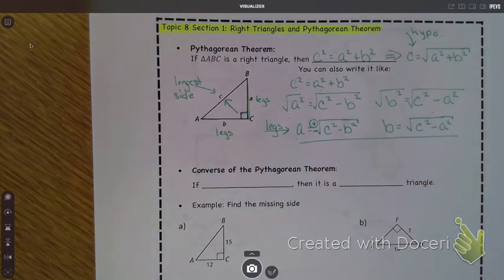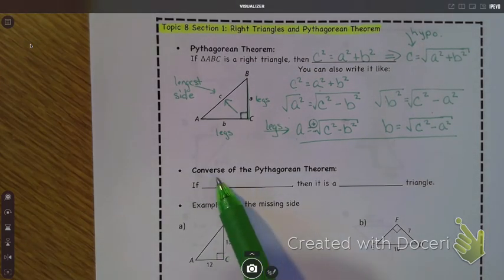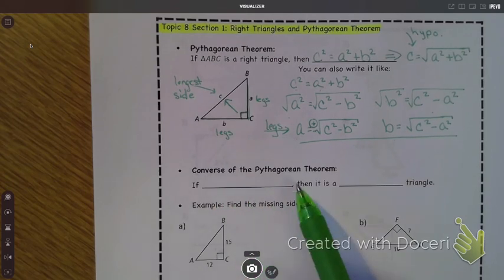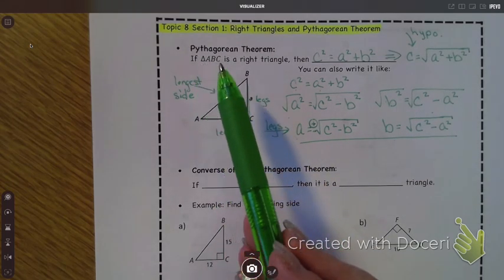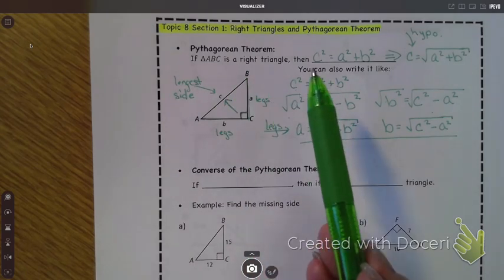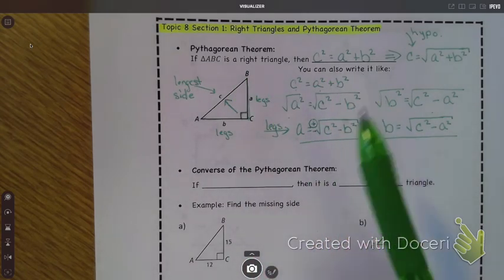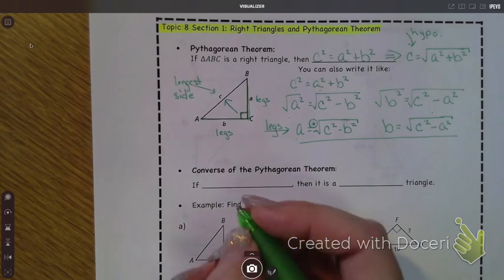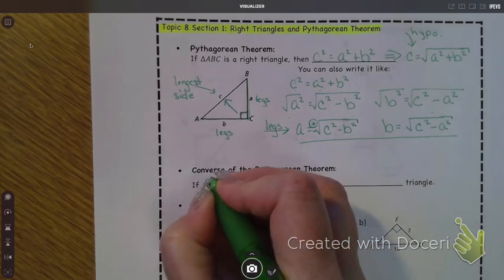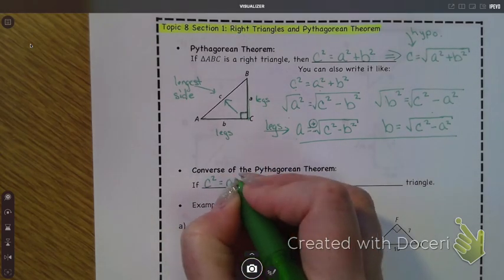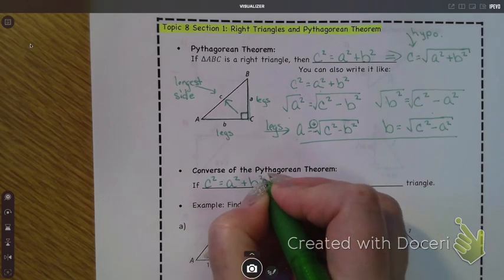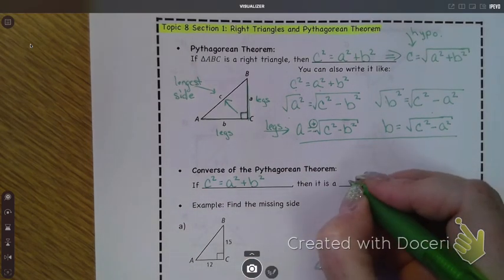So the converse, remember that's backwards. So the converse of the Pythagorean theorem. The Pythagorean theorem says if it is a right triangle, c squared equals a squared plus b squared. So now we've got to flip that. If c squared equals a squared plus b squared, then it is a what kind of triangle?